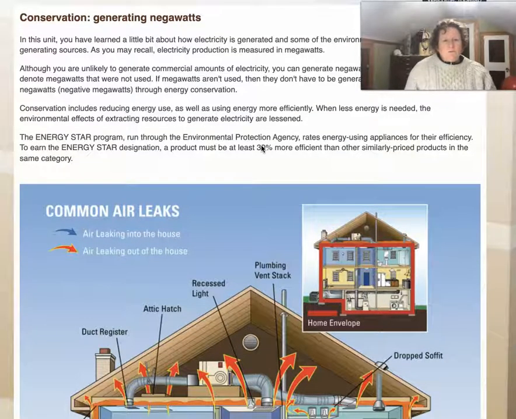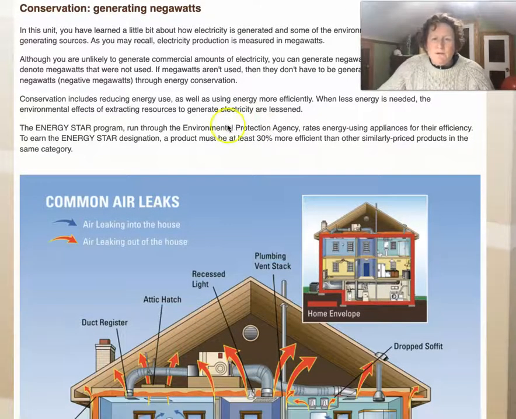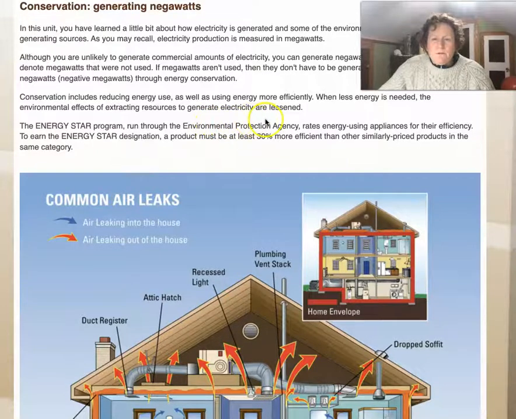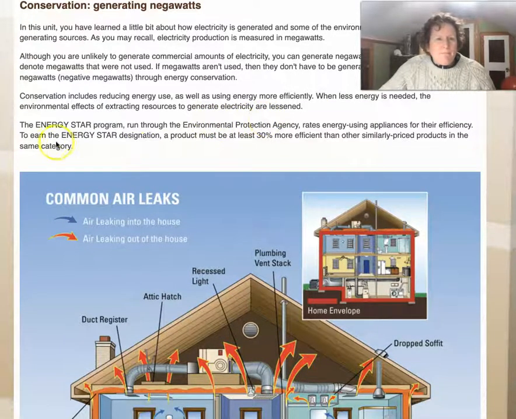Conservation includes reducing energy use as well as using energy more efficiently. When less energy is needed, the environmental effects of extracting resources to generate electricity are lessened. The Energy Star program, run through the Environmental Protection Agency, rates energy using appliances for their efficiency.